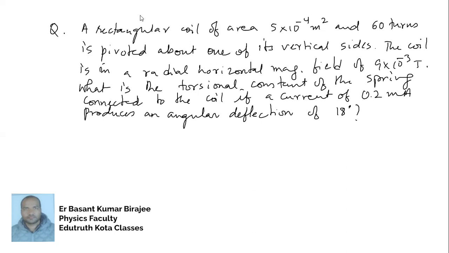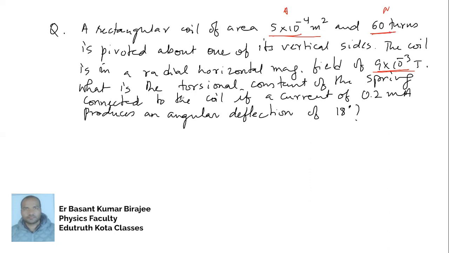Let's try this question. We have a rectangular coil and its area is given. Number of turns is given, and then magnetic field is given, and field is radial, means in horizontal direction.